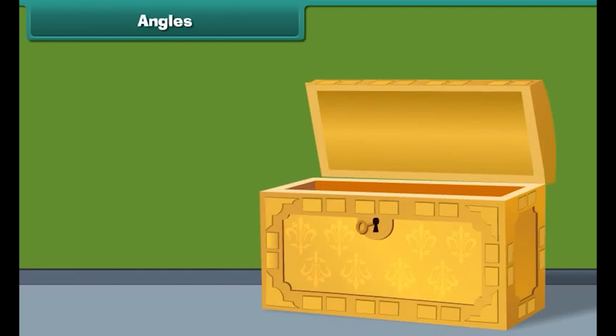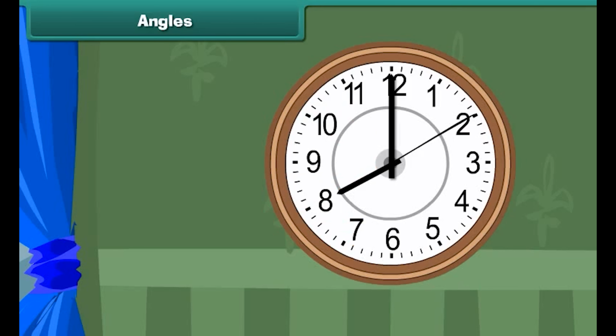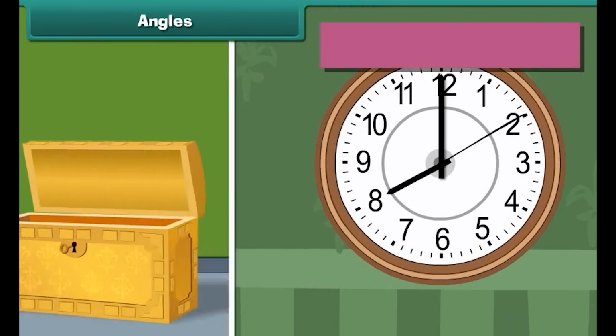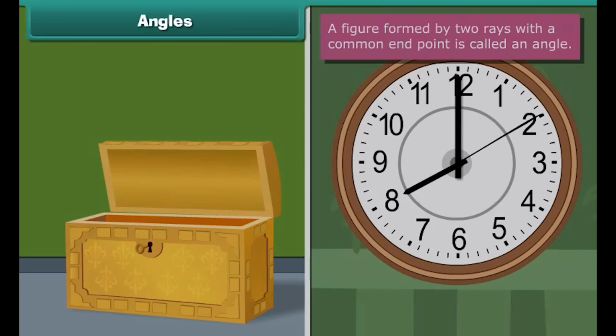Look at this box. What figure does it make? It forms an angle. Similarly, the minute hand and the hour hand in the clock form angles. A figure formed by 2 rays with a common endpoint is called an angle. An angle is represented by the given symbol.